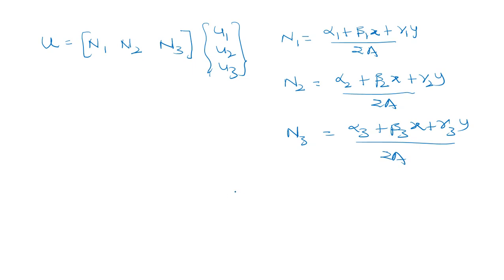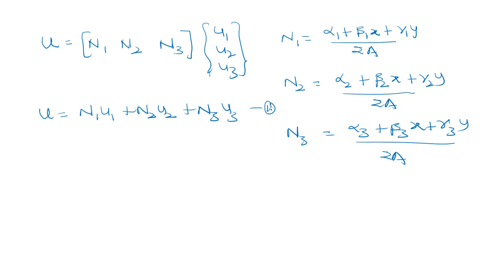Here the N1, N2, N3 are the shape functions of this CST element. Okay, CST element shape functions. Now we can write it as simply u is equal to finally N1 u1 plus N2 u2 plus N3 u3.